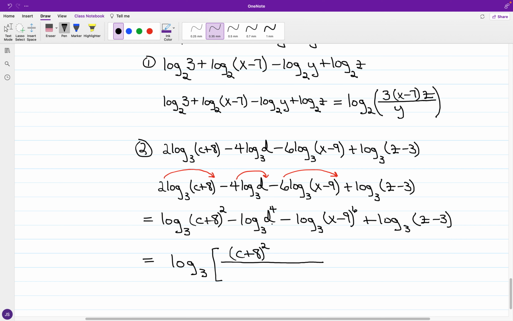Now we have a d to the 4th. This comes from a negative base 3 logarithmic term, so d to the 4th is on the bottom. Next, the 6th power of x minus 9 comes from another negative logarithmic term, so this will be situated in the denominator.